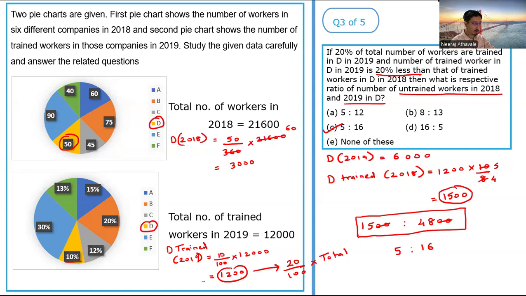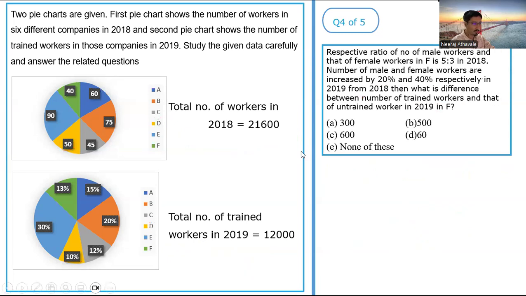Now let's see the next question. Okay. So respective ratio of number of male workers and that of female workers in F is 5 is to 3 in 2018. Okay. So we are dealing about F company now. F is green one. Okay.